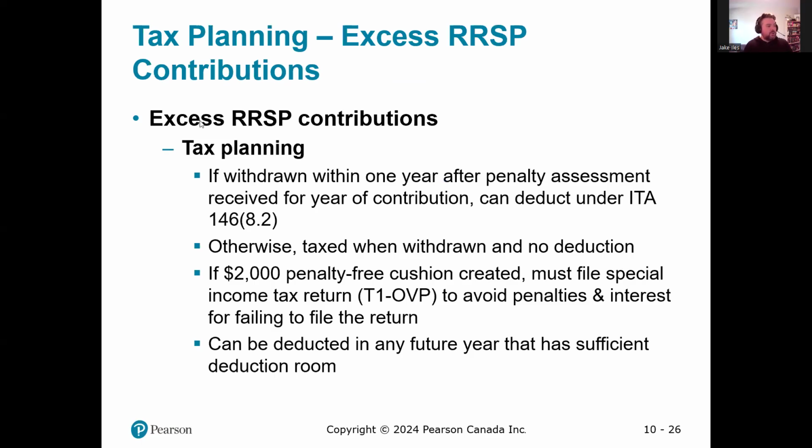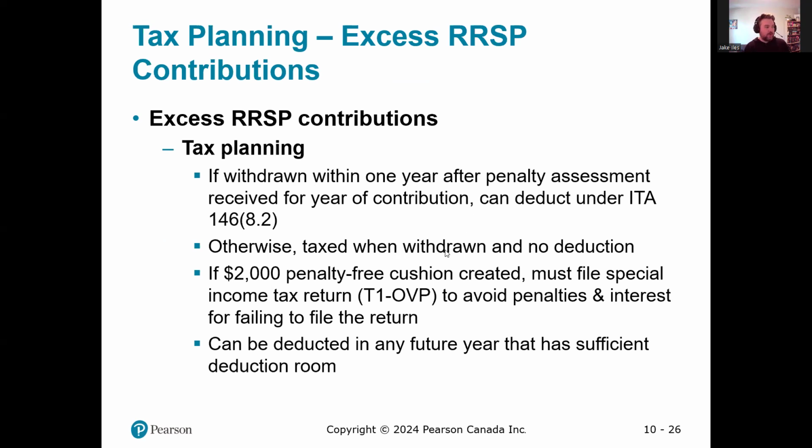So if we were trying to plan our RSP contributions, if withdrawn within 1 year after penalty assessment, we can deduct under the Income Tax Act. So we have our excess income, but we gave too much. Well, as long as we take it back out within a year, we can avoid the penalty.